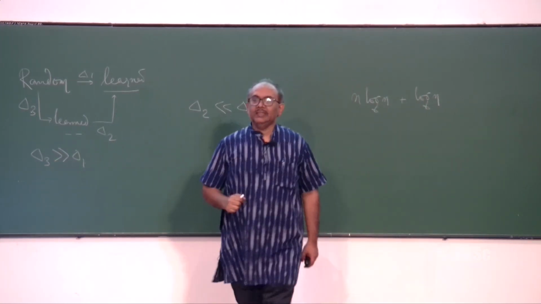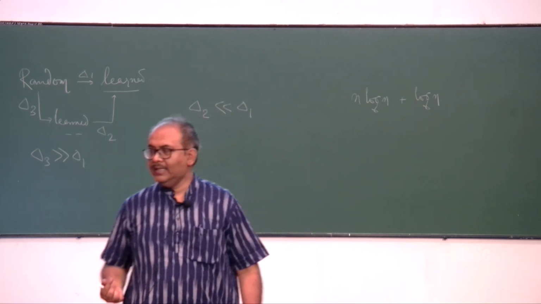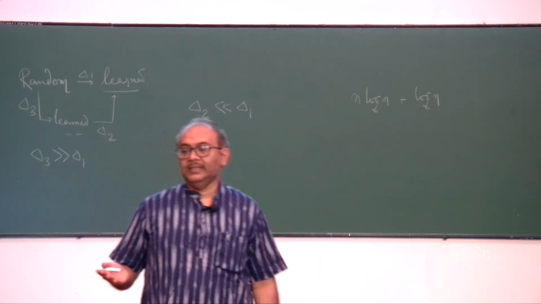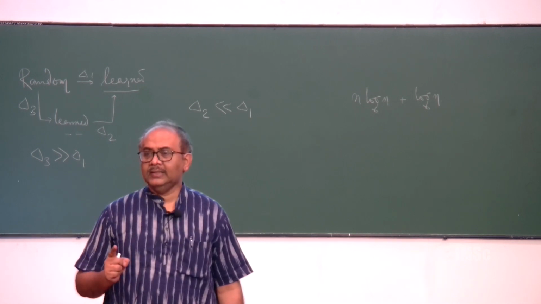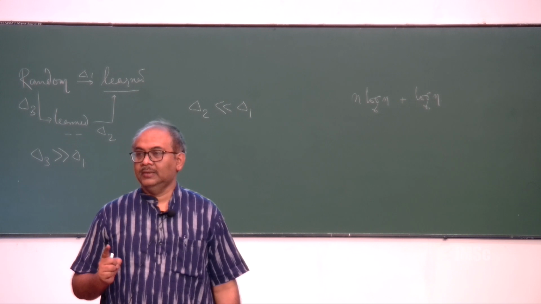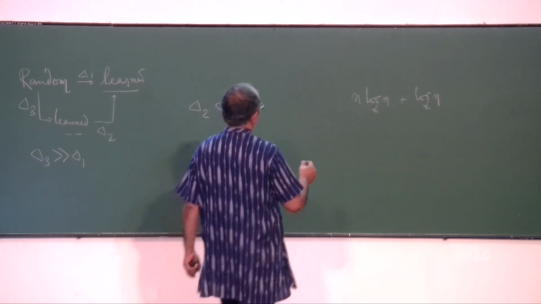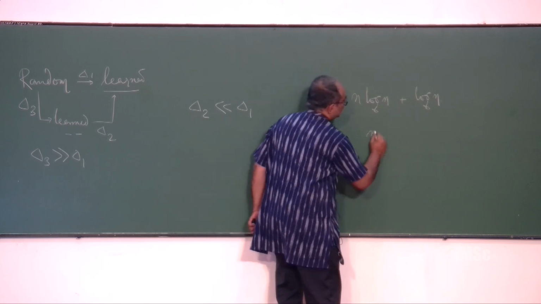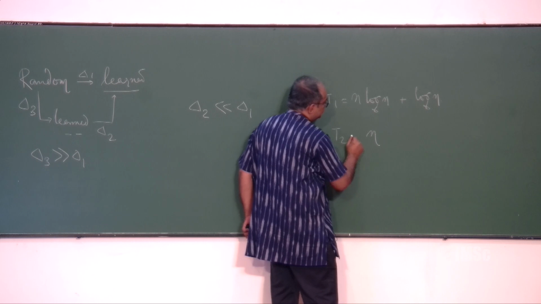Okay, and what is the time complexity of searching an unsorted data set? Okay, so this is T1 and this is T2.